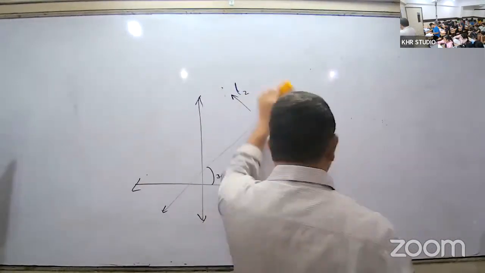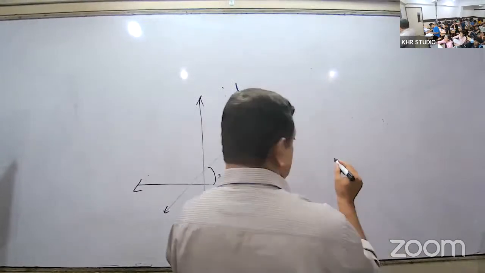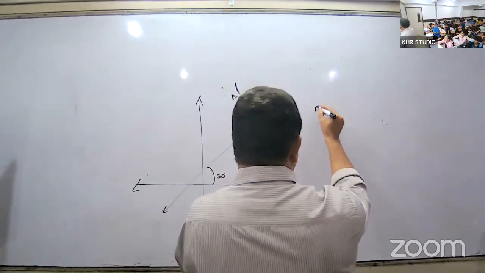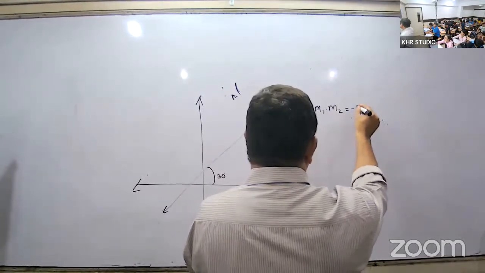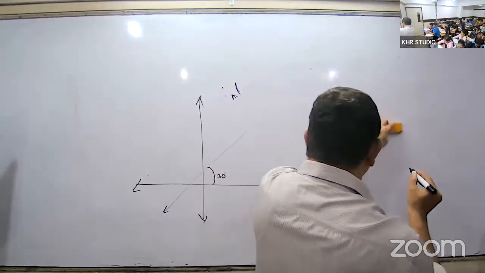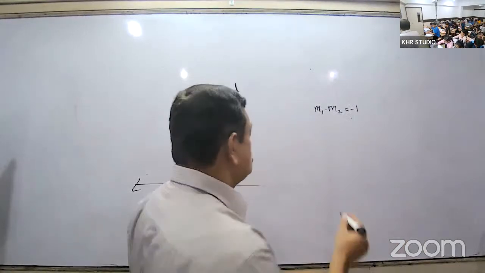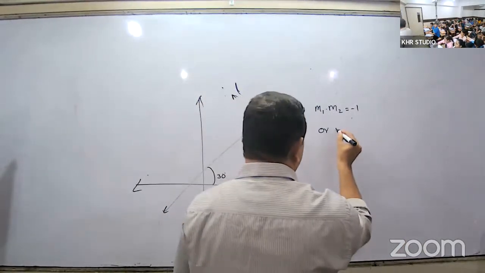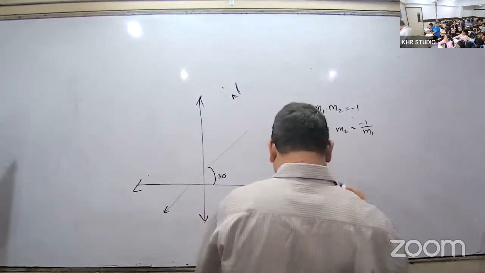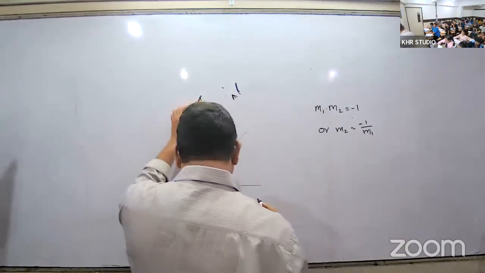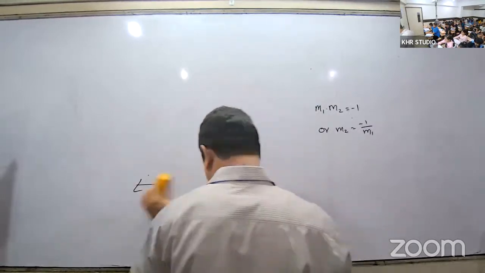Derivations are not required. That is M1 M2 is equal to minus 1, the product of the two slopes. Or M2 is equal to minus 1 upon M1.